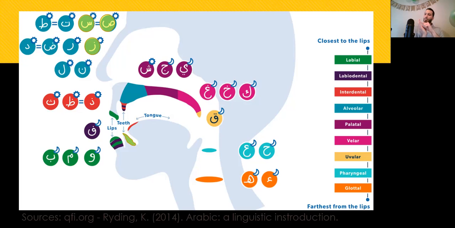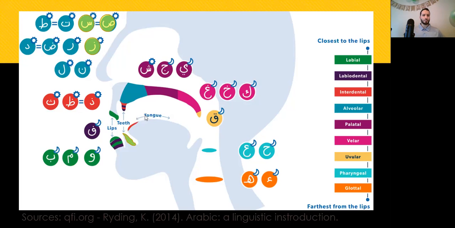This would be your lower teeth. Your tongue is almost just lying right there, and you say sa, sa, sa. It's a combination of things that gives that sound.